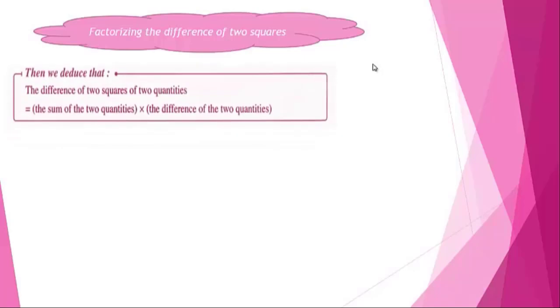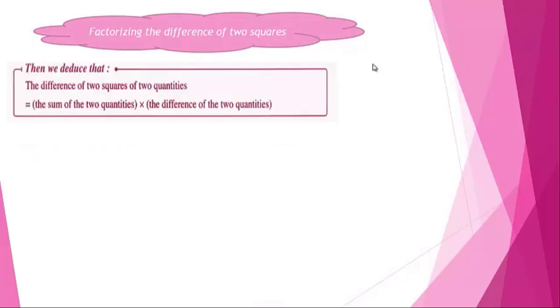Difference of the two squares. Now we're talking about factorizing the difference of the squares. We open two brackets, and in the first bracket we put the sum of two quantities, times the second bracket, the difference of two quantities.